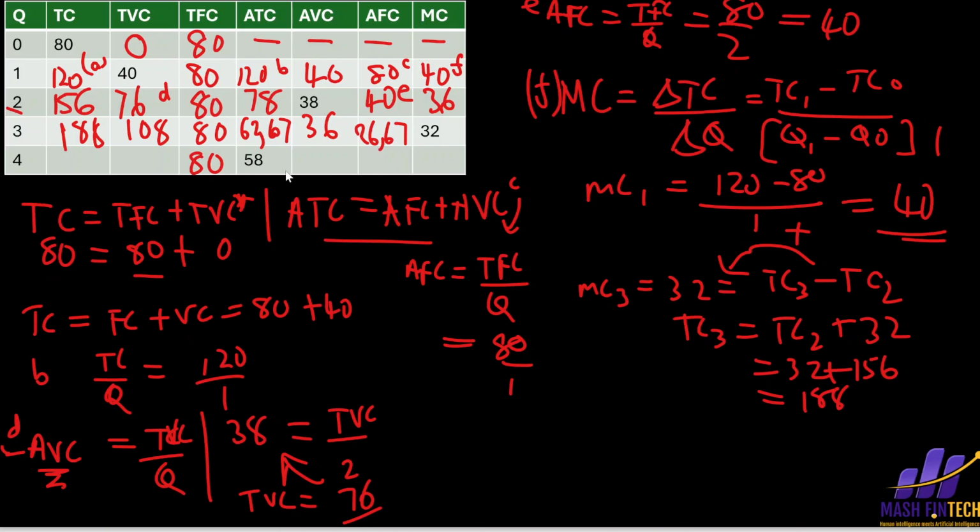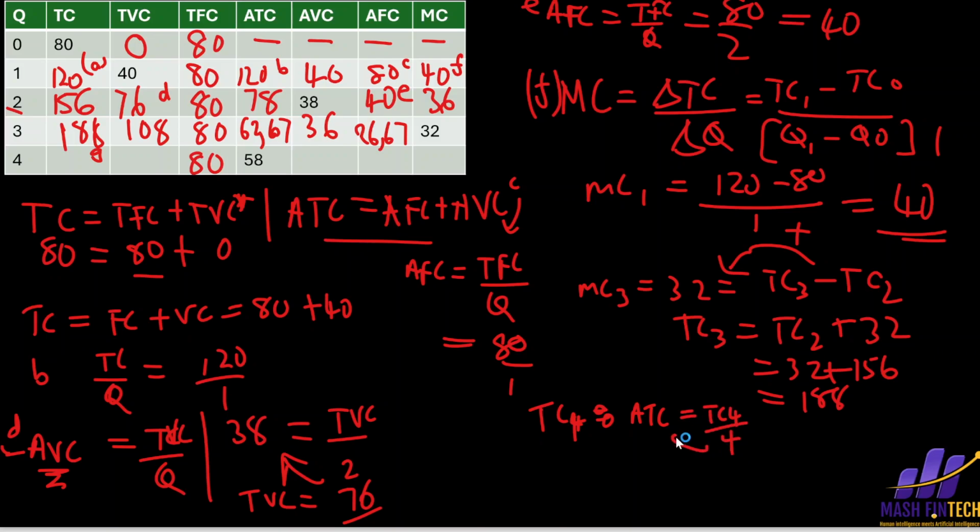When you get to the last part, you have an average total cost of 58. How do you get the total cost here? Let me call this G. To get G, it's the total cost at 4, right? The quantity is 4. To get that, we use the average total cost which is given, and this is equal to the total cost at 4 divided by the quantity 4.